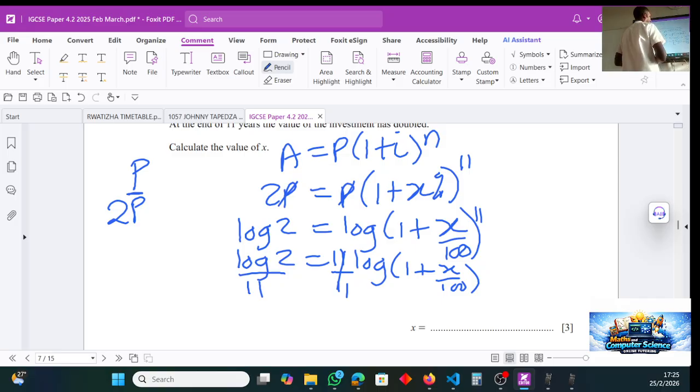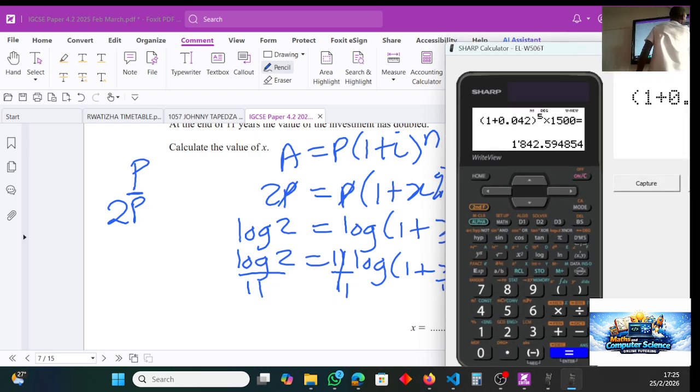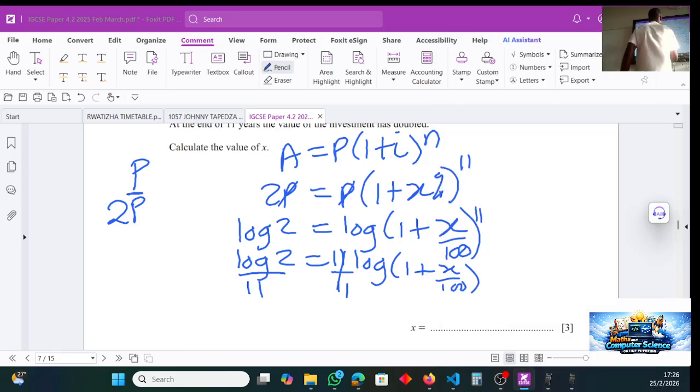So I'll end up having, let's see if I can bring my calculator, log 2 divided by 11. So I'll get that answer, which is approximately 0.027.